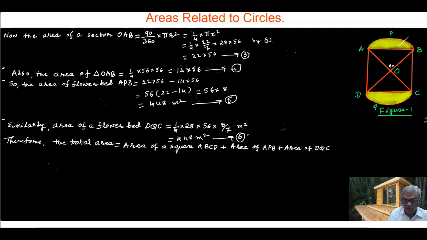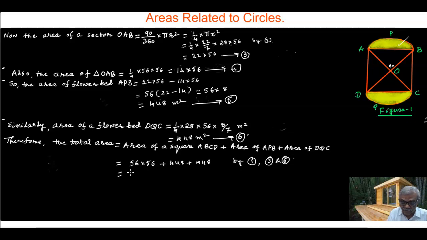And therefore the total area is the area of the square ABCD plus the area of APB plus the area of DQC. The area of the square is 56 into 56, plus 448 plus 448, by equations 1, 5 and 6.